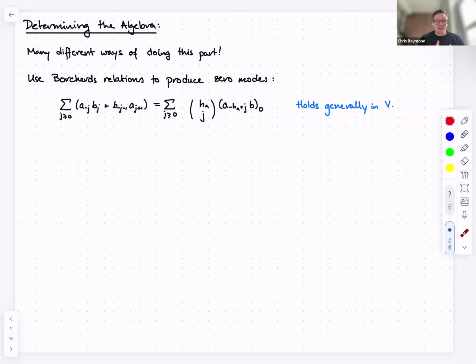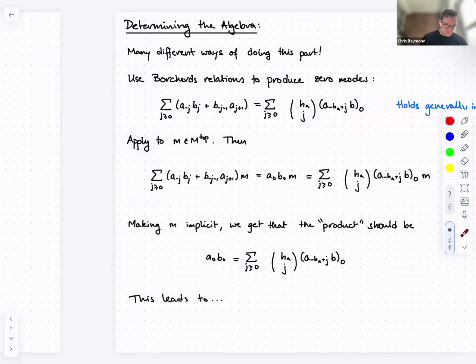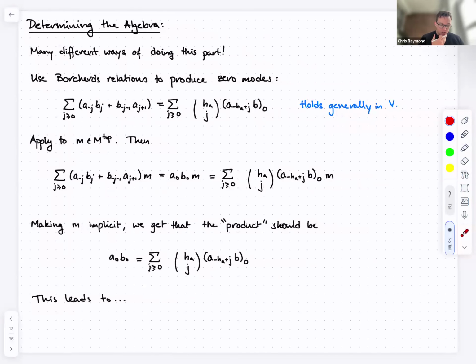The right-hand side is not strictly zero modes, right? There are modes of all kinds of indices appearing in this expression. Let's try and make life a little bit easier. Let's start by applying this type of expression to some vector that lives in my top space. I do that to both sides.